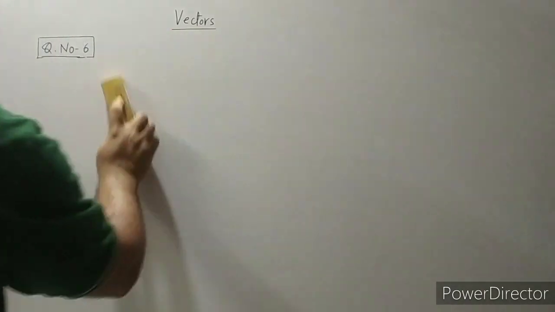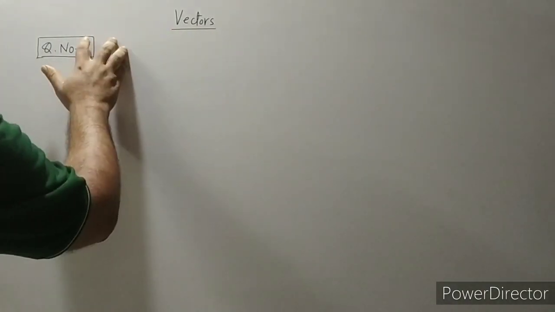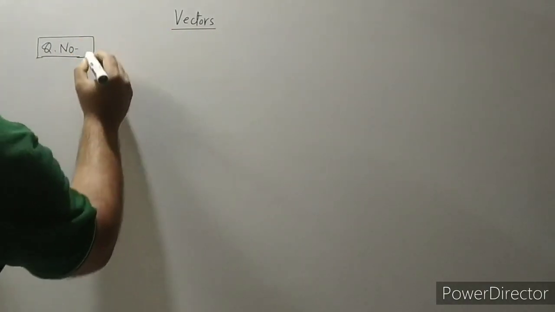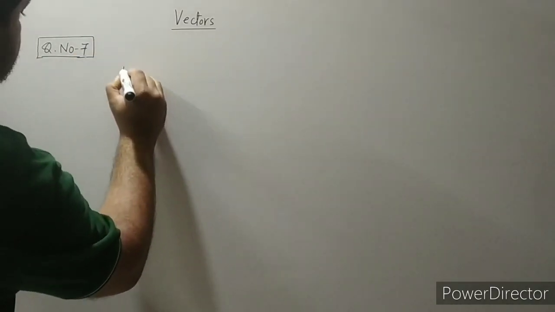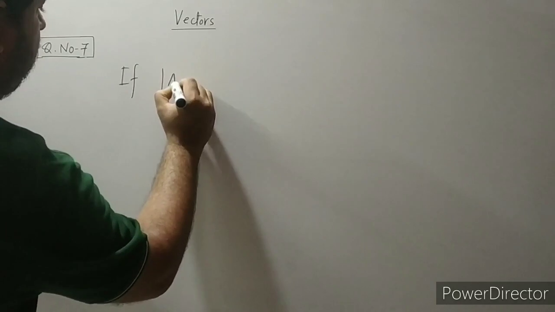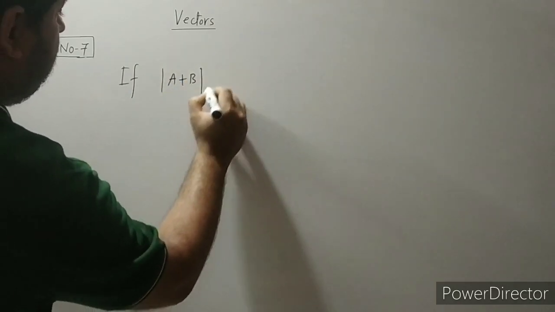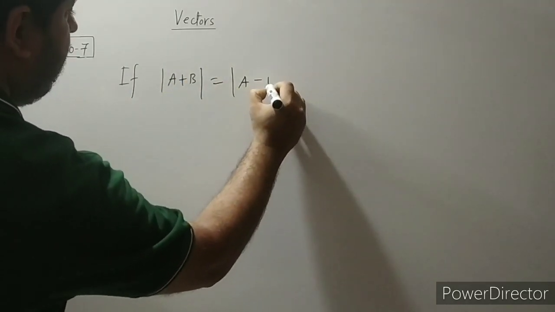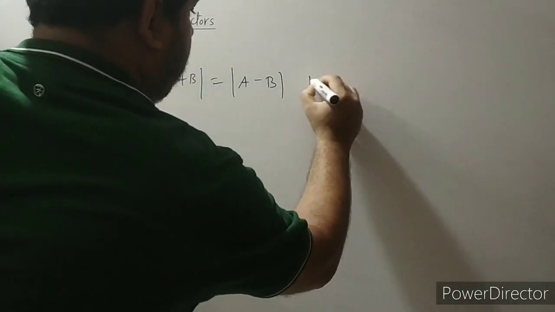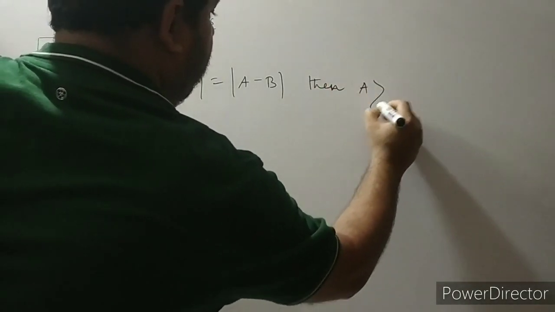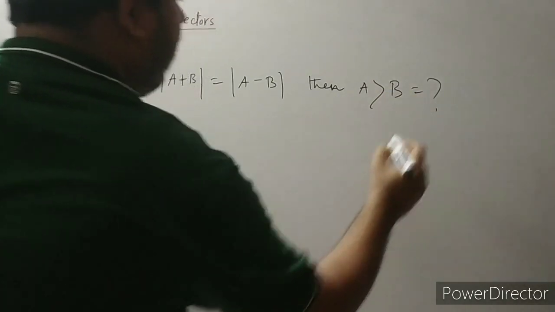Say, or you can take it as question number 7: if mod A plus B is equal to mod A minus B, then the angle between A and B is what?